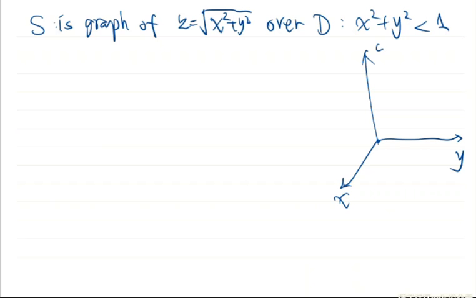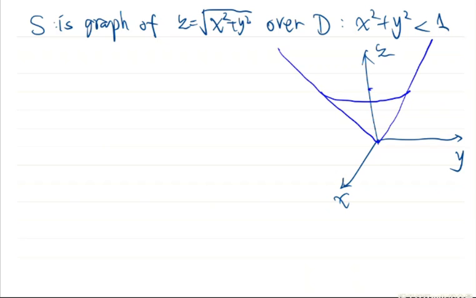The graph of this function is a cone, unbounded above. But because x squared plus y squared is less than 1, z is also less than 1. So the surface S is the part of this cone cut by the plane z equal to 1. So 1 is here.